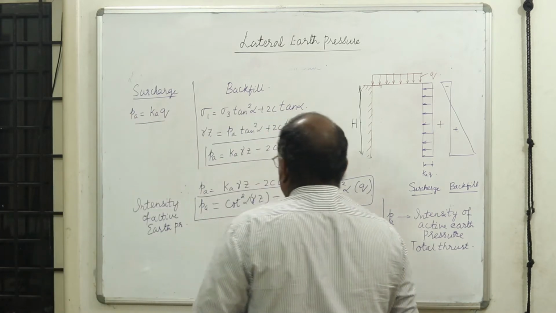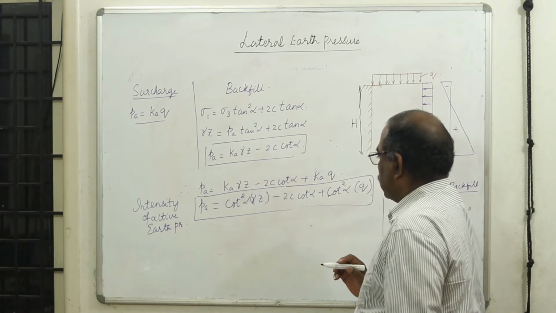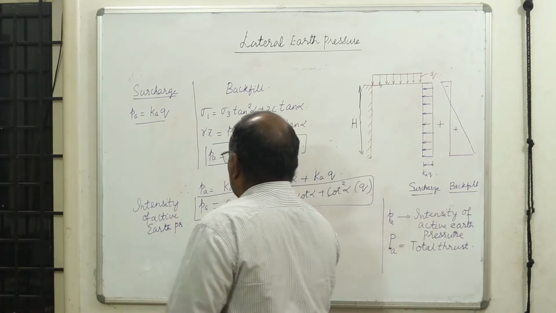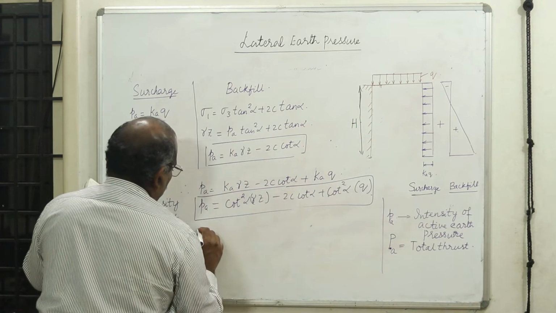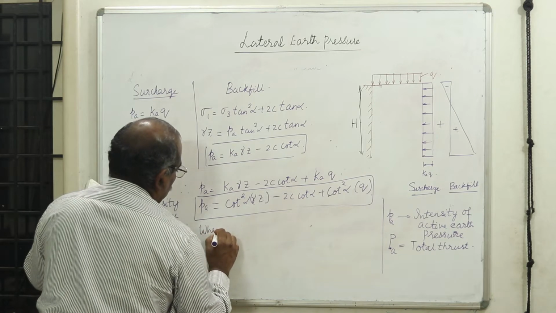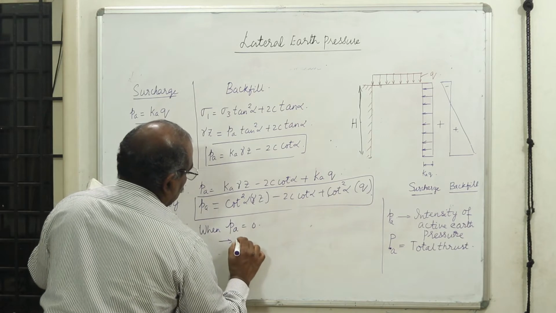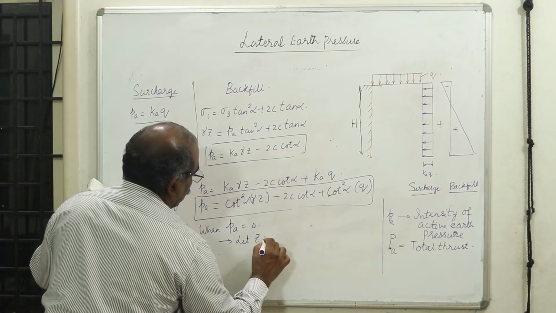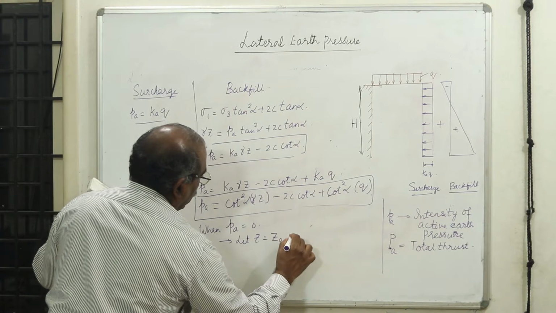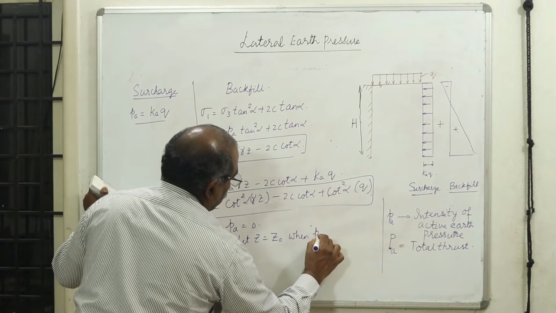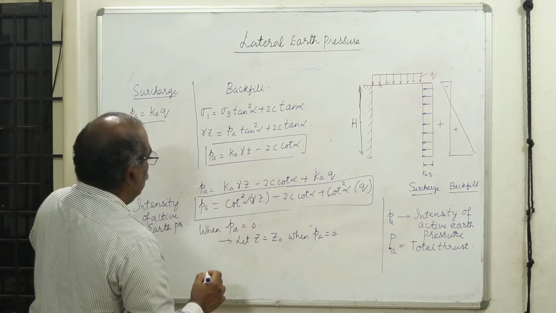Students, you have to understand, when I simplify this, I need to find out when PA becomes 0. Therefore, let Z equal Z0 when PA becomes 0. When I substitute here, what happens?